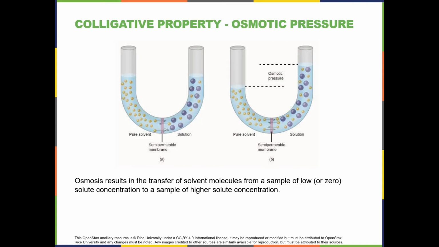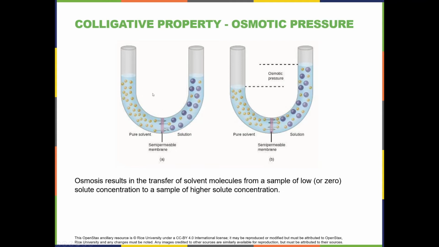So in the case of osmotic pressure, we basically have a situation where we are going to have to think about this in this U-shaped tube, because it's the easiest thing to do. There's a couple things to notice here.